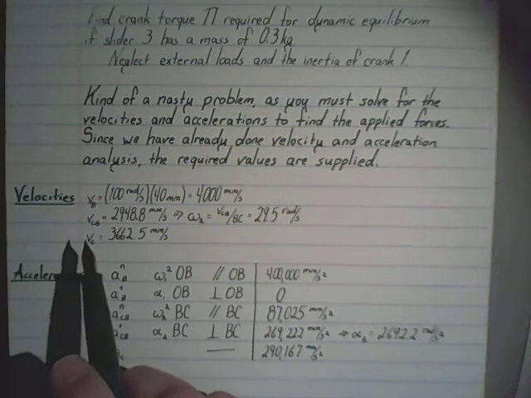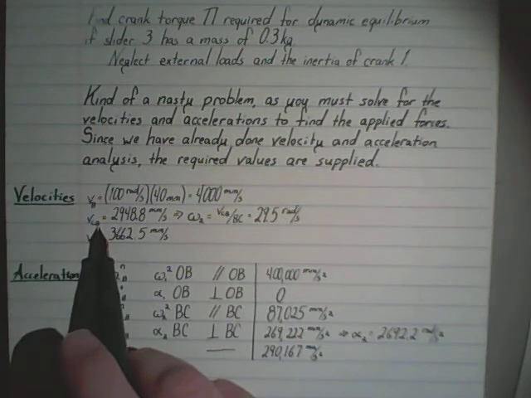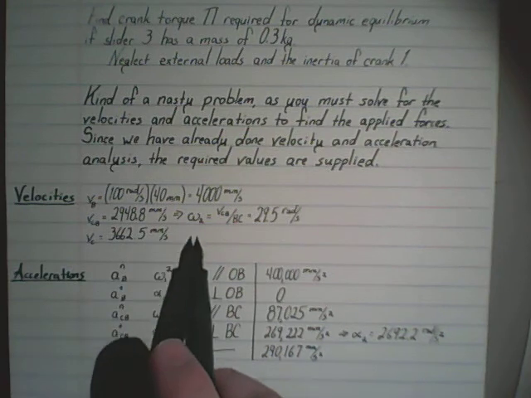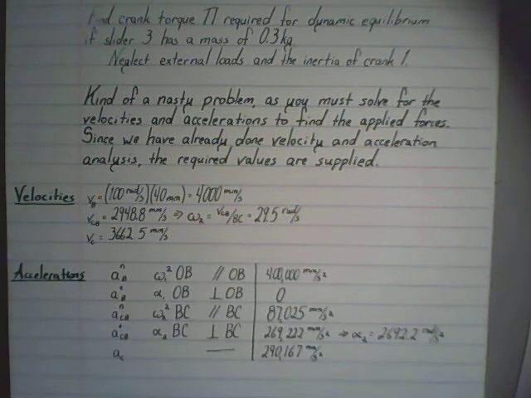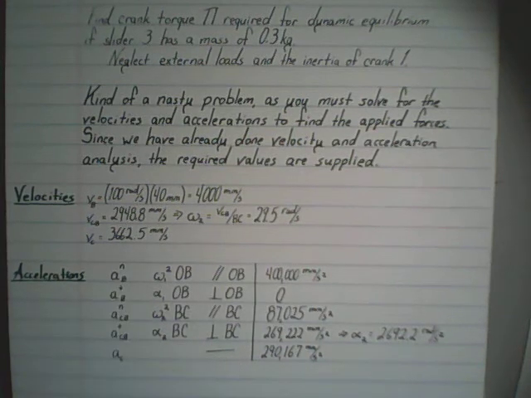Doing a velocity analysis using a velocity polygon, we find that the velocity of C with respect to B is 2,948.8 millimeters per second, which means that the rotational velocity, omega 2, for the conrod is 29.5 radians per second. Finally, the velocity of C is given as 3,662.5 millimeters per second.